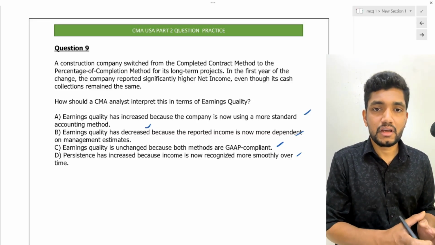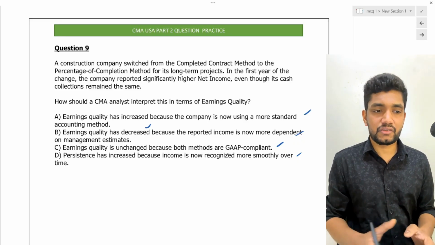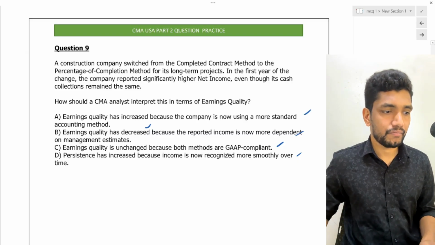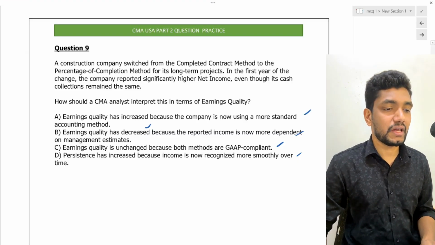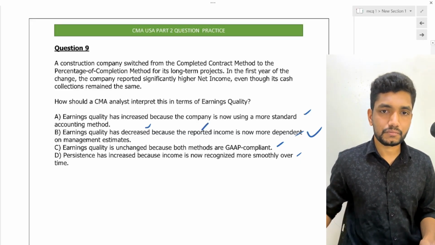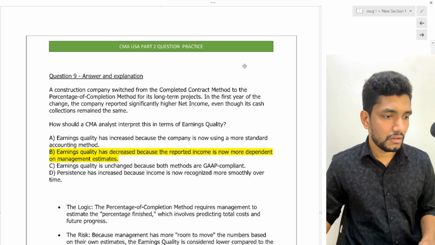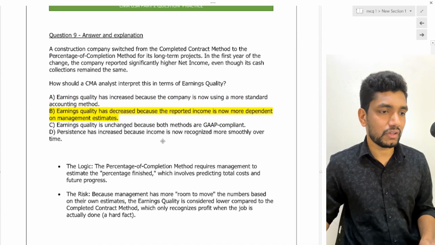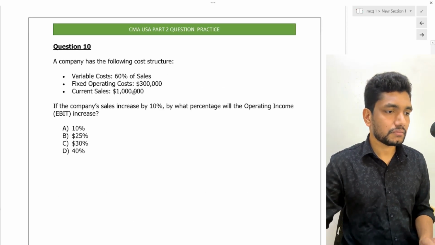Even though the net income has increased, the cash collection still remains the same as before. So there will be some issue with earnings quality in this case. So option B is the right answer. I already gave the answer and explanation for this question. So let's move on to question number 10.